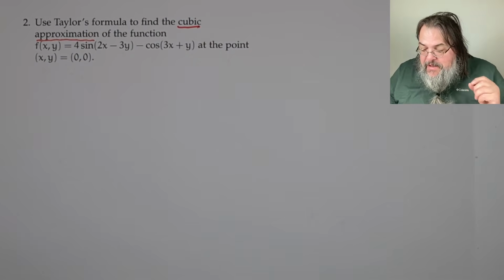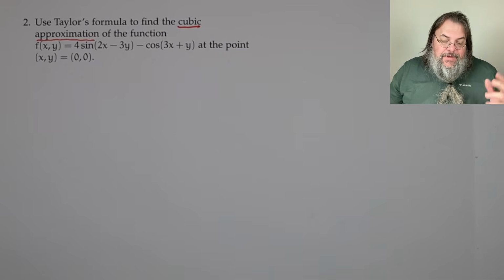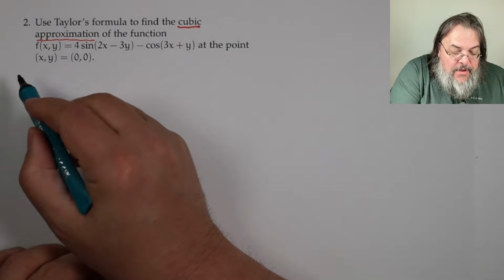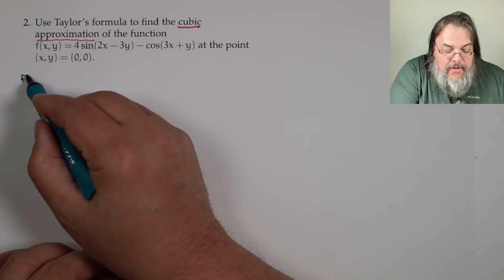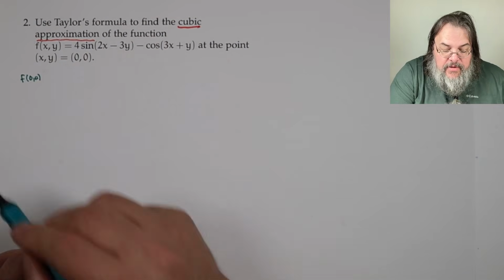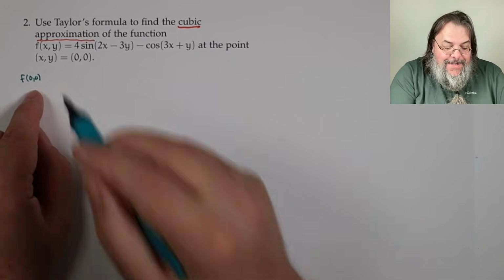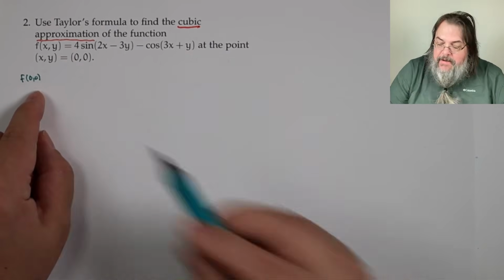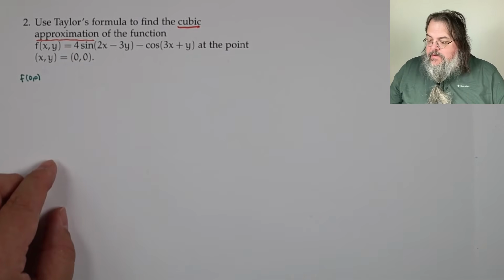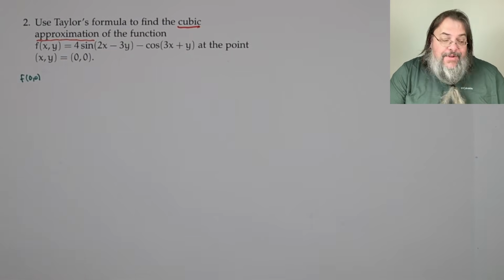So to be explicit, we'll write down what we're looking for. We need f at 0, 0, right? That's the 0th order. Then I'll switch colors just to emphasize how we're progressing here.